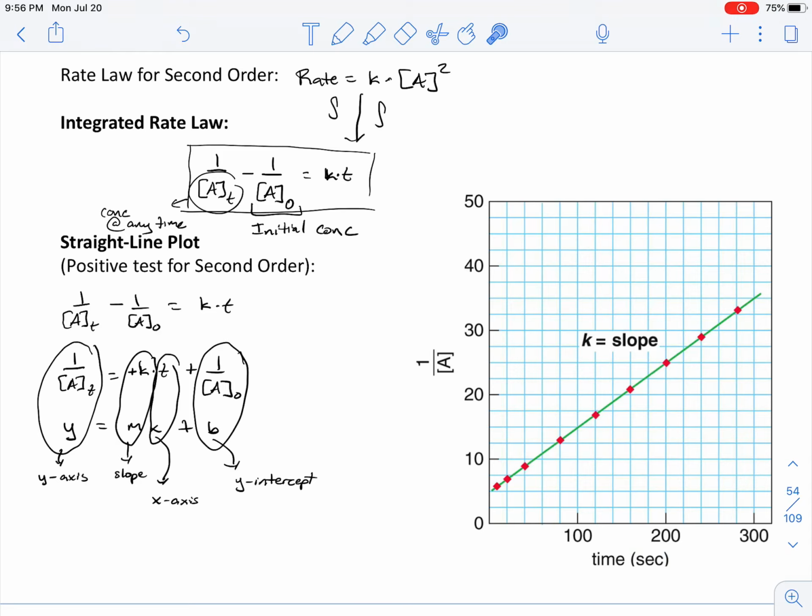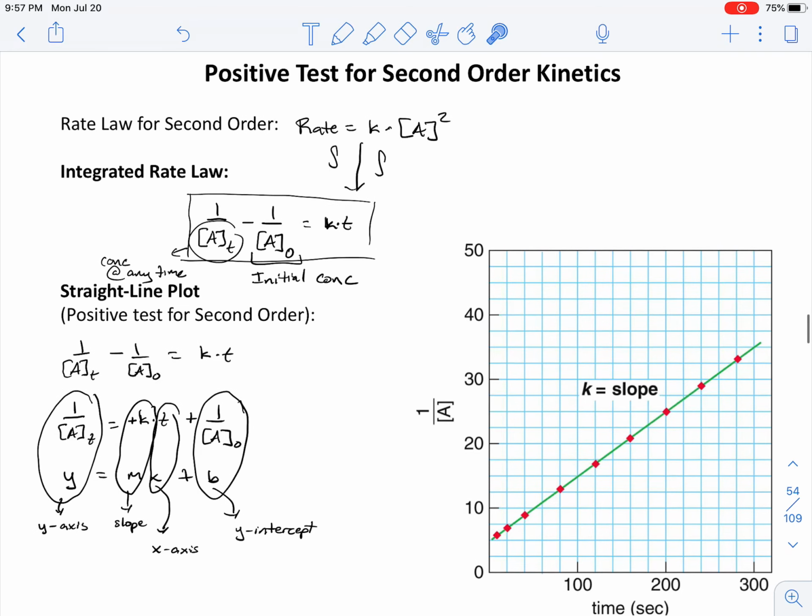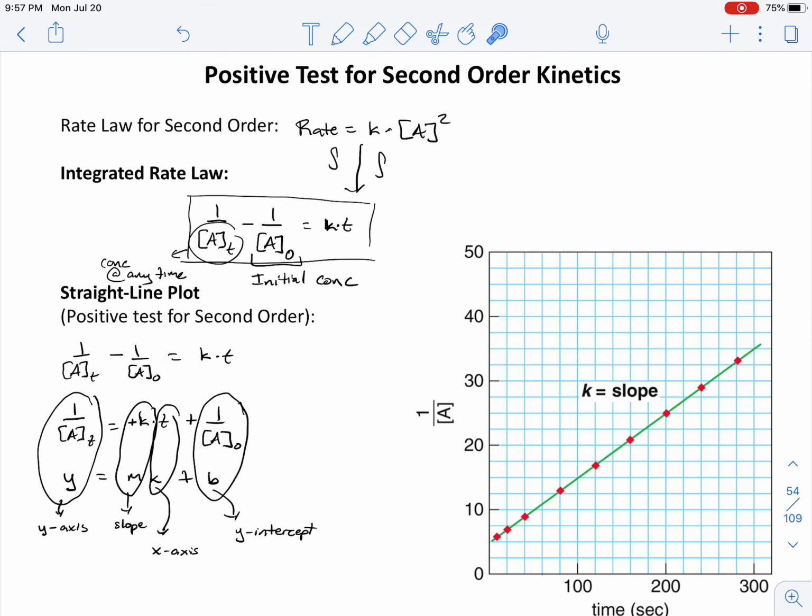If the graph produced is a straight line going up, in other words, it has a positive slope, then that is a positive confirmation that the reaction is undergoing second order kinetics. If the graph slightly tilts one way or the other and is not a straight line with a positive slope, then the reaction is not undergoing second order kinetics. So it must be a straight line with a positive slope.